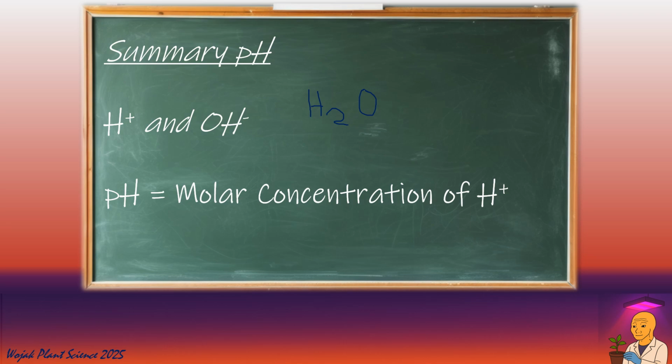So this is the reason why, if you don't have any chloride or nitric acid, potassium, whatever inside the water, this is why you find H plus and OH minus. Okay, and we measure the pH in a molar concentration of H plus.